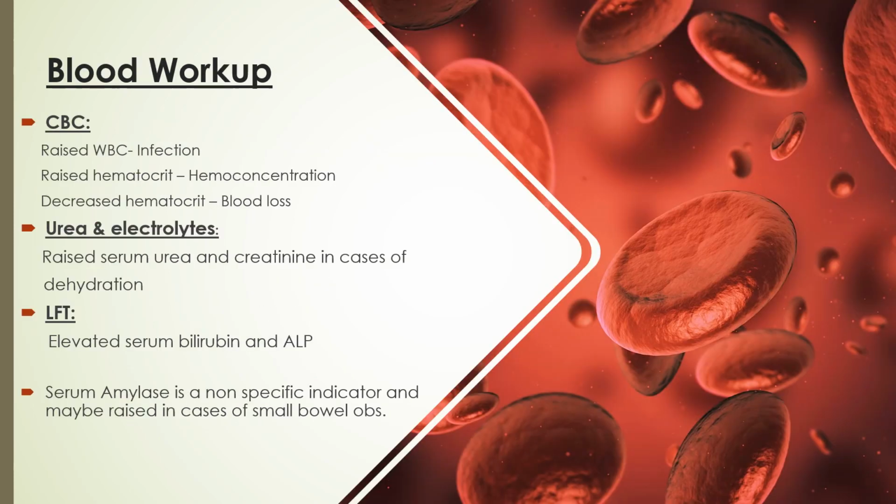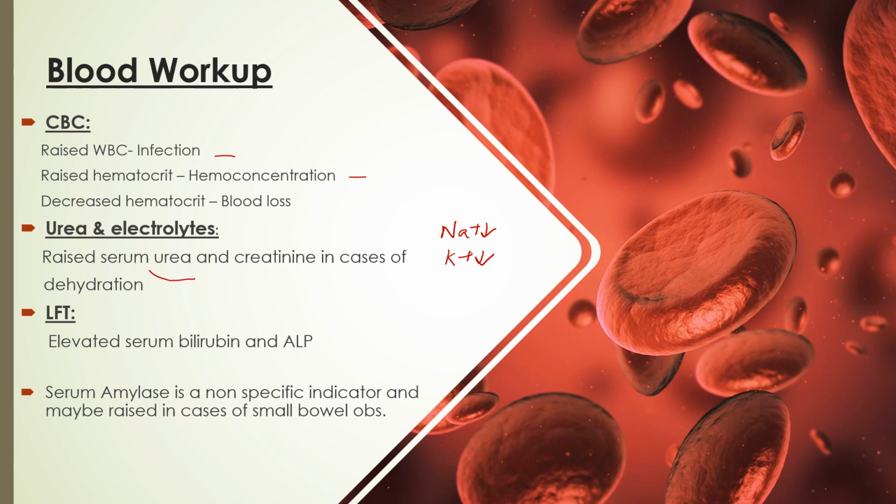Moving on, let's have a look at how the blood profile might look. So if we get a complete blood count done, we will find raised white cell count, which indicates infection, raised hematocrit, which indicates hemoconcentration. Now this occurs due to the fact that the patient has reduced intake, there's decreased absorption from the gut, and the patient might also be vomiting. Now this triad leads to volume depletion and electrolyte imbalance, which is generally hyponatremia and hypokalemia.